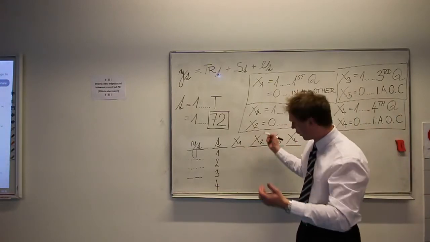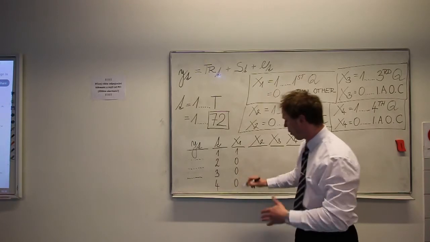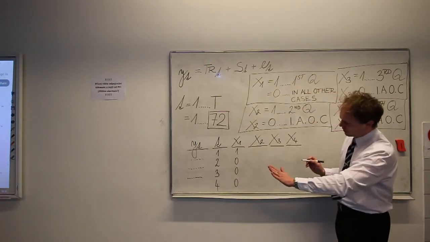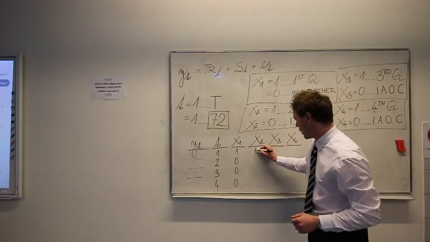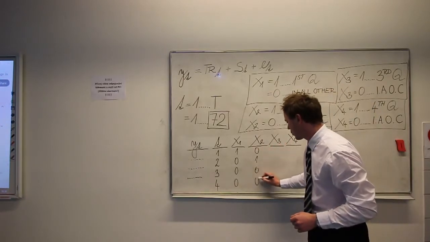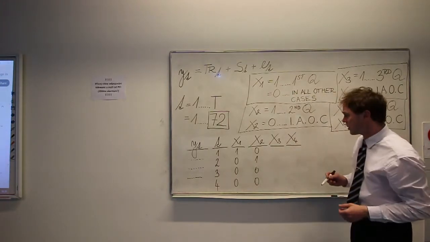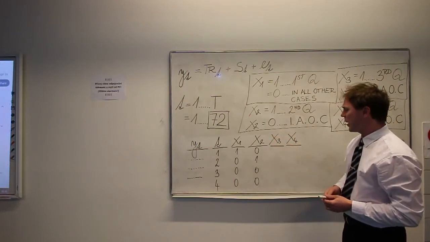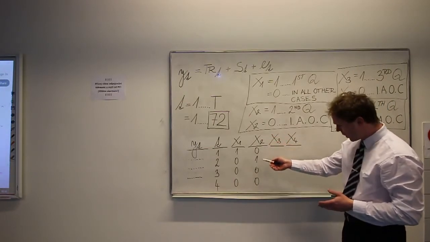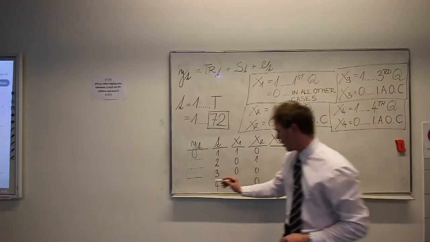Binary combination 1 0 0 0 1 0 0 0, to the end. And you can continue 0 1 0 0 0 1 0 0, etc., because it's dummy variable x2, and x2 is equal to 1 in the situation that we have a second quarter.